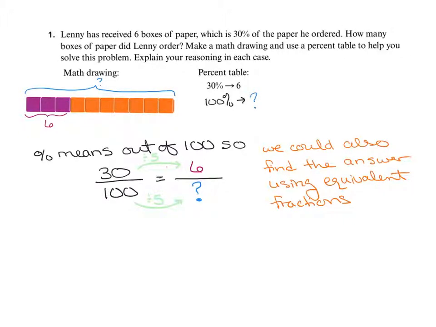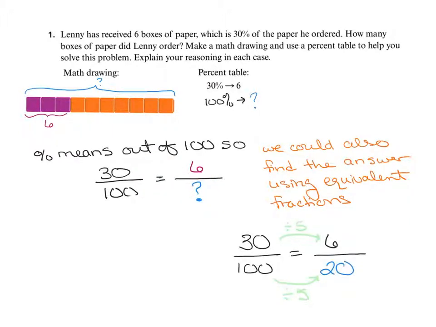One way to use equivalent fractions is we know to go from 30 to 6, we divide by 5, so 100 divided by 5 would give us what the whole amount is. So we can see here that 100 divided by 5 would give us 20. So 30 over 100 as an equivalent fraction, with 6 as the numerator, would be 6 out of 20. This is another method for solving percent problems.